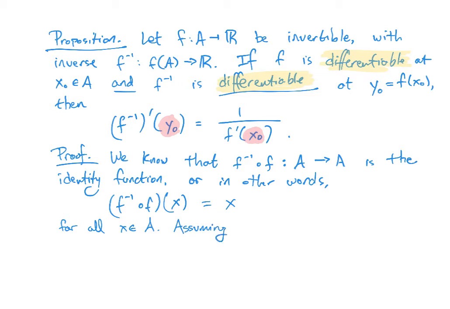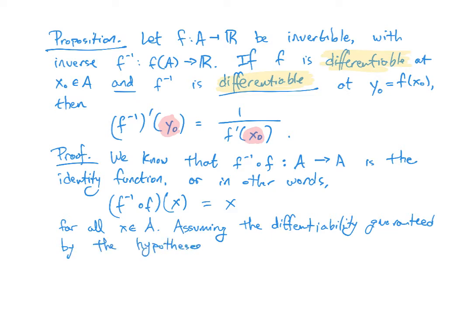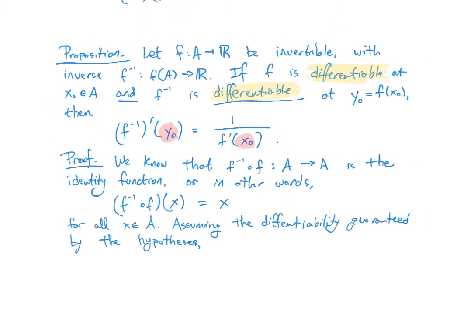Okay, and now our hypotheses have given us differentiability at x naught and f of x naught. So assuming the differentiability guaranteed by the hypotheses, well, we can use the chain rule.